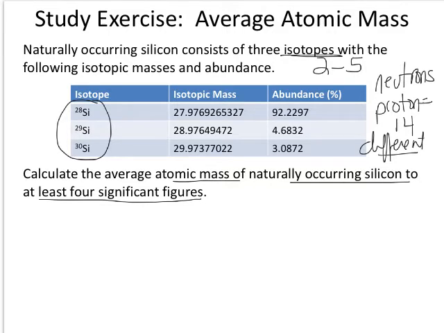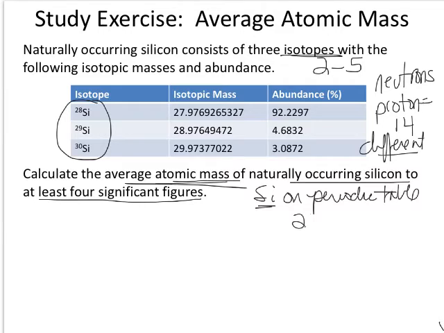But this problem is asking for the average atomic mass. And the reason why the average atomic mass is important is when you look at your mass on the periodic table for silicon, what do you see? The mass on the periodic table. So look at your periodic table.